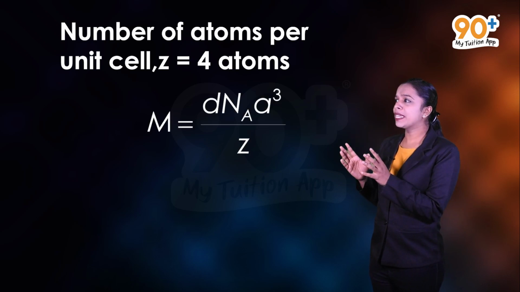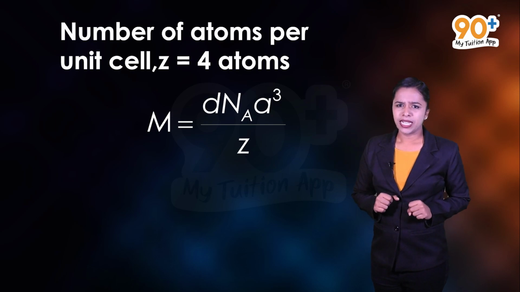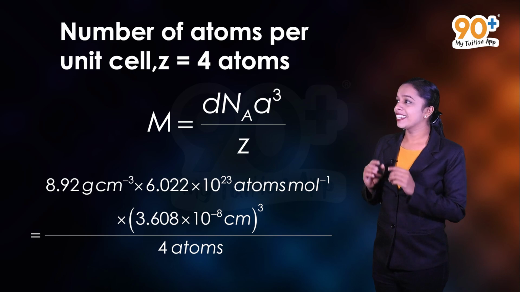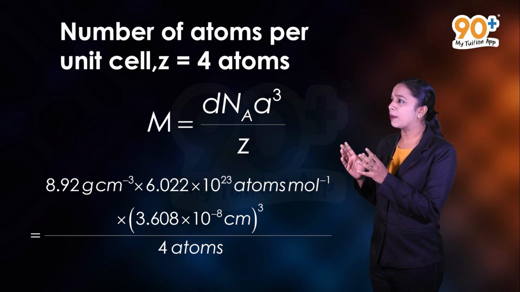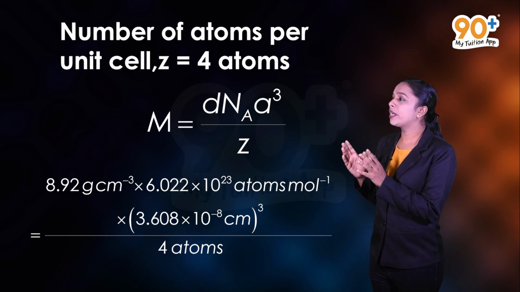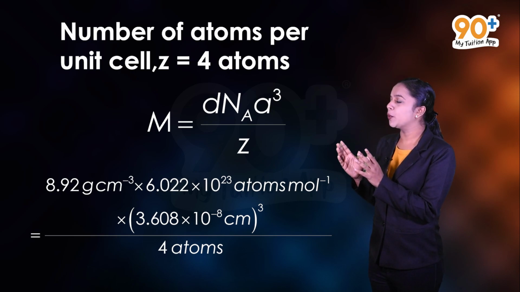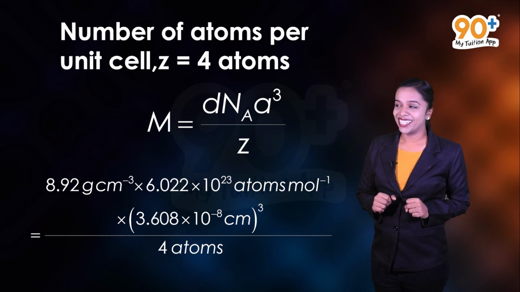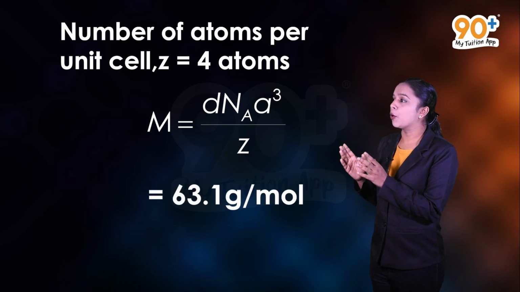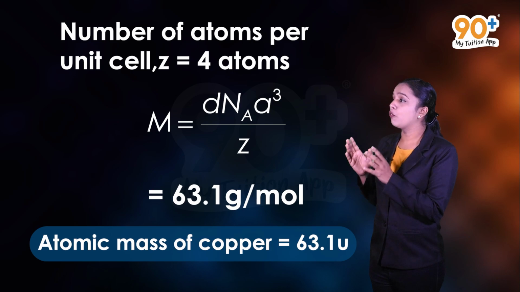Therefore, capital M is equal to d into Na into a cube divided by Z. Substituting the values, we get 8.92 gram centimeter raised to minus 3 into 6.022 into 10 raised to 23 atoms mole raised to minus 1 into 3.608 into 10 raised to minus 8 centimeter the whole cube divided by 4 atoms. That is equal to 63.1 gram per mole.